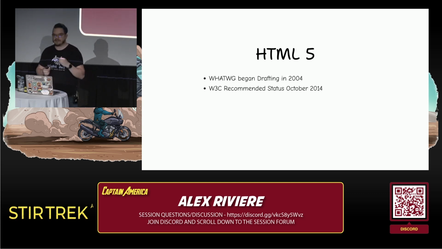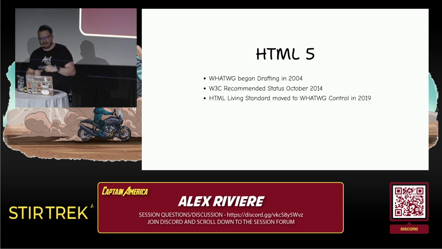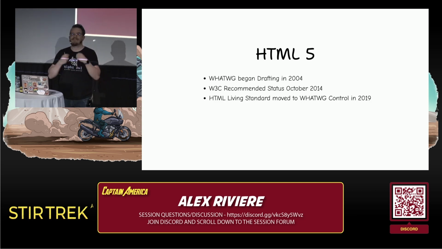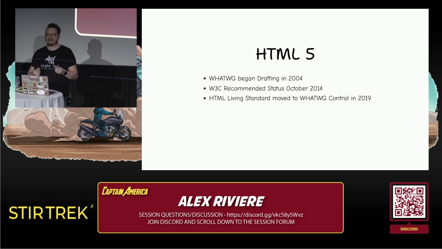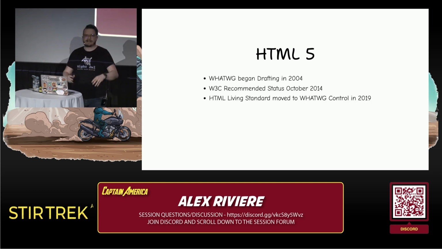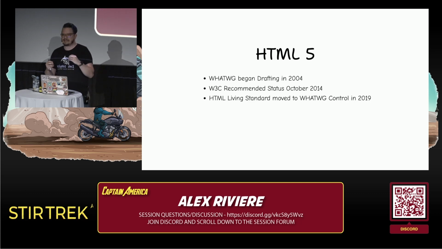After that, in 2019, control of the standard moved over fully to WHATWG, and it is now a living standard. So we no longer have versions of HTML, we just have a living standard. So it just sort of is, right? Which means that I can't be like, so in HTML6 we're going to have, we don't do that. It's just HTML now. So everything that I'm going to talk about today is in the living standard. Some of it you can use today, and you should start using today.